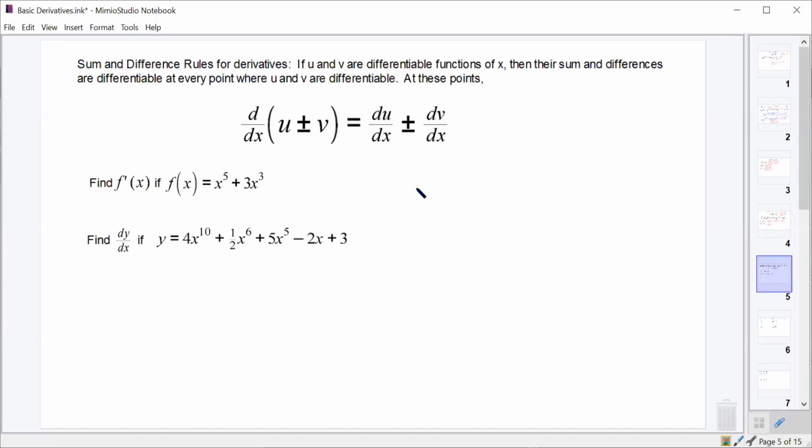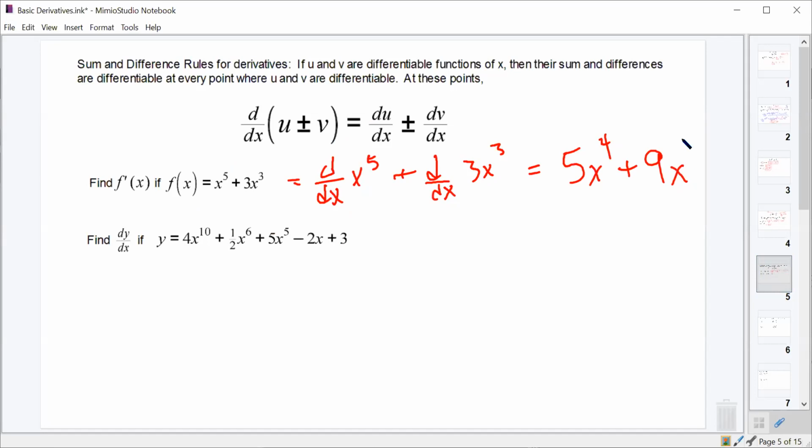So I can do the same thing with derivatives, which means I can just apply the power rule if I have something like x to the 5th plus 3x cubed, and find the derivative of x to the 5th and the derivative of 3x cubed and add them together. So we should get 5x to the 4th plus 9x squared.